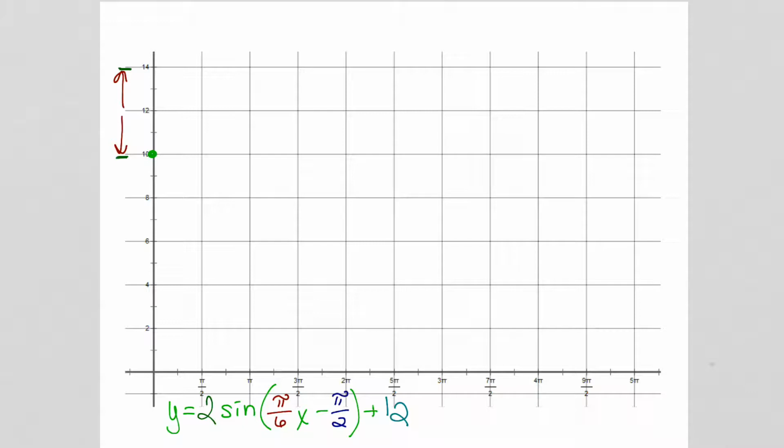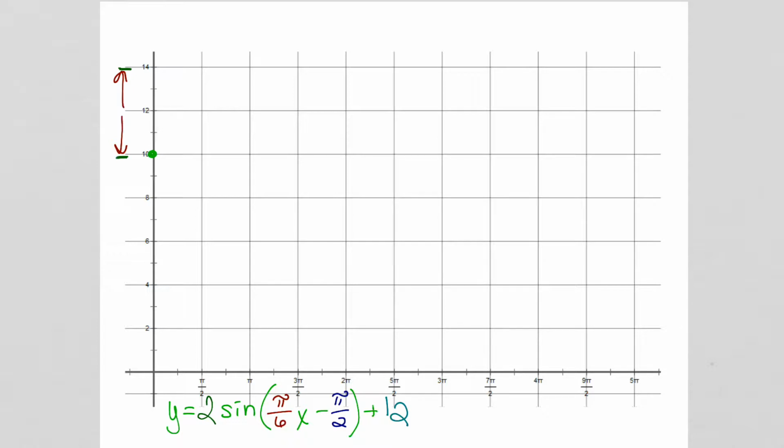It said in December, and then the period it said is 12. Kind of hard to do on this graph because I need it marked in 1, 2, 3, 4, 5, not in trig.